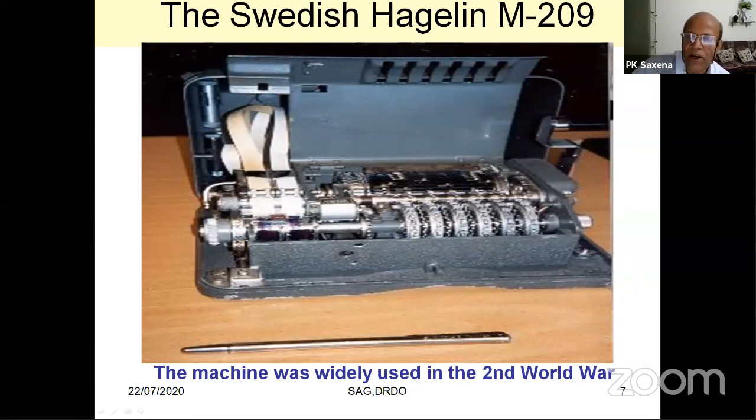But in fact, even without having the machine, the scientists and the group of code breakers, a group of 12 code breakers who worked on this, including Turing, broke this machine.